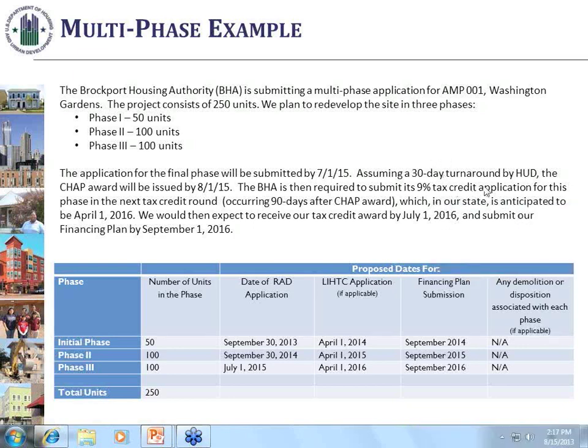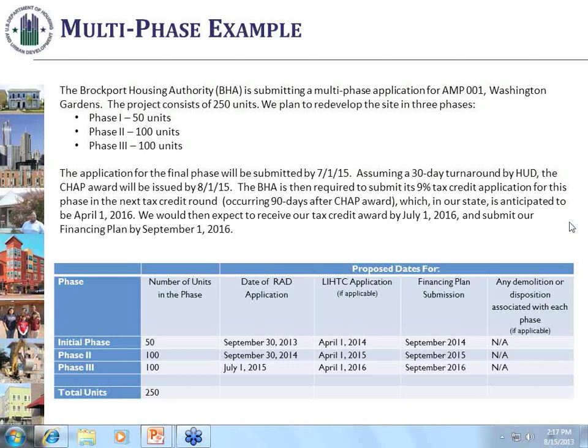And we found out that a lot of PHAs today look back at their AMPs and say, given RAD, I'd like to break some of that up. So it depends on what you're trying to do when it's all said and done.